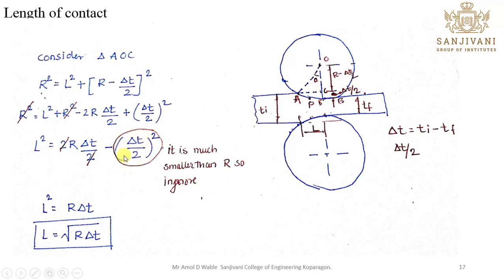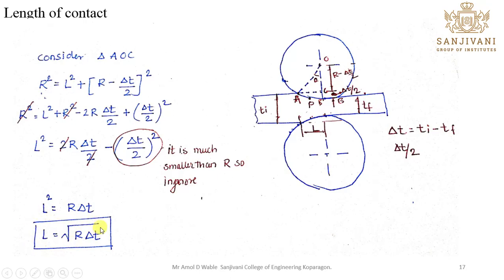The delta T by 2 value is very small compared to R, so you can neglect that, and the final term becomes L square equals R delta T, so L is equal to under root R delta T.